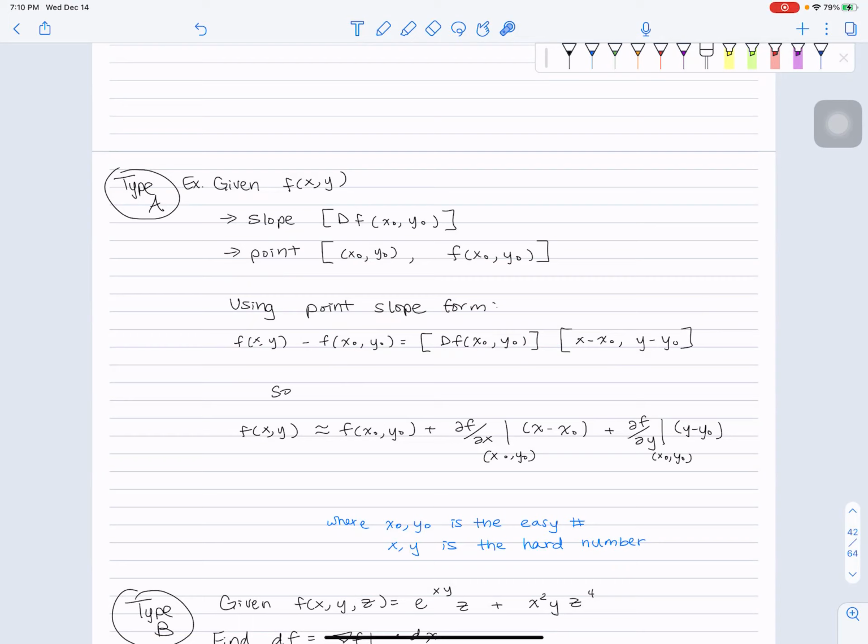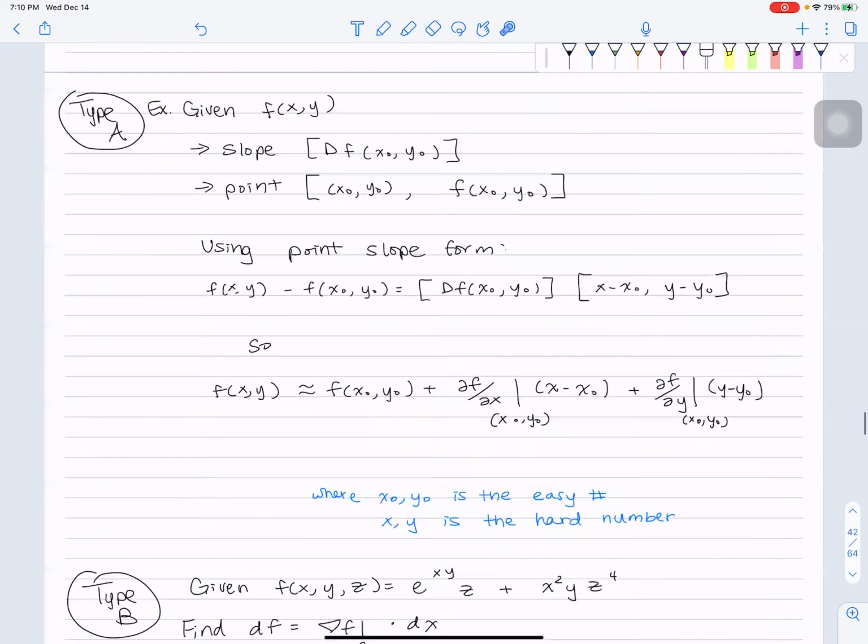And this is usually used if you're trying to approximate your function at a certain point. Then what you do is you take f at that original point. So I've added this f of x naught, y naught to both sides. And then I add some change. This derivative times your x minus x naught stuff is the change, the error part of how you're estimating things.